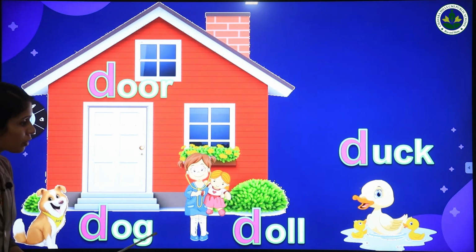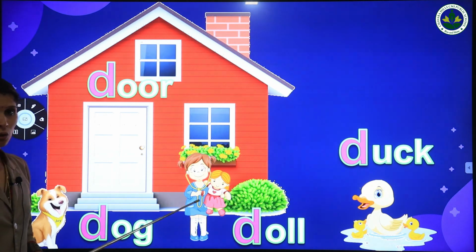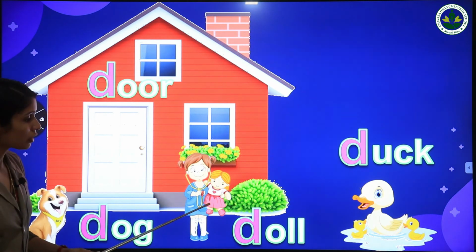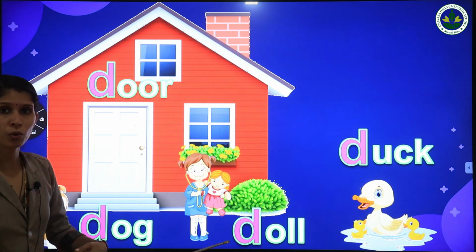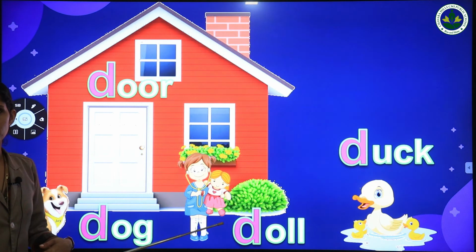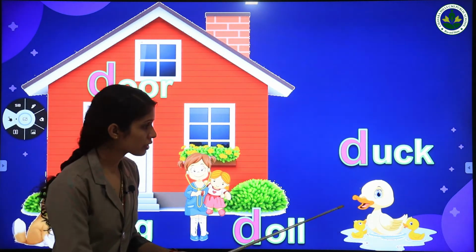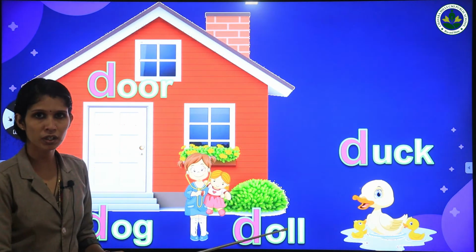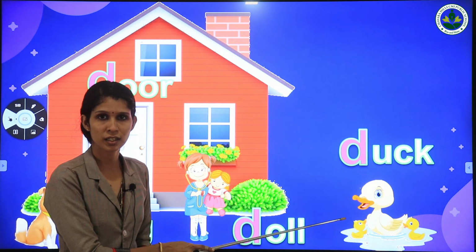And our next word that starts with the letter D is a doll. Look at the hands of this girl. Yes, she is carrying a doll. Doll. D is for doll. And our next word starting with the letter D is a duck.